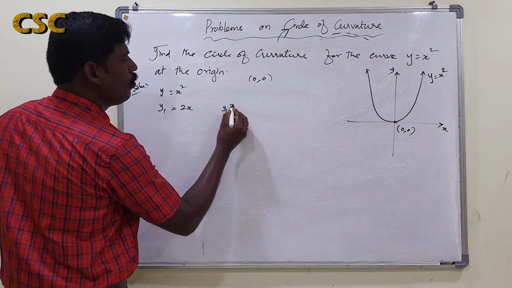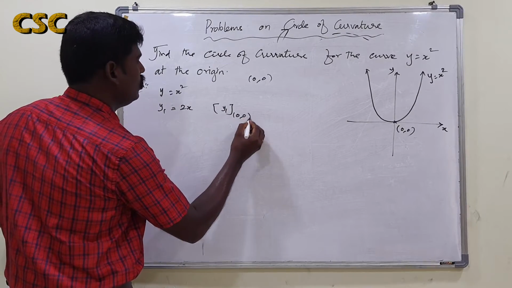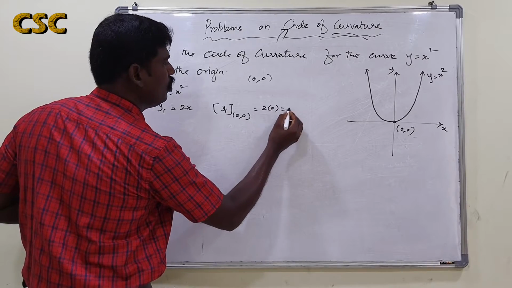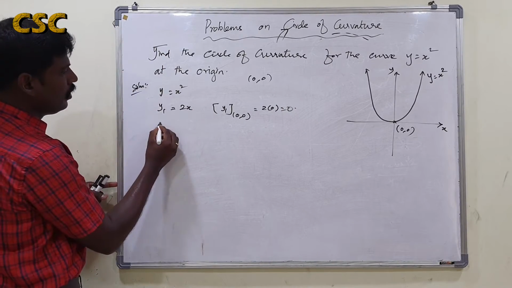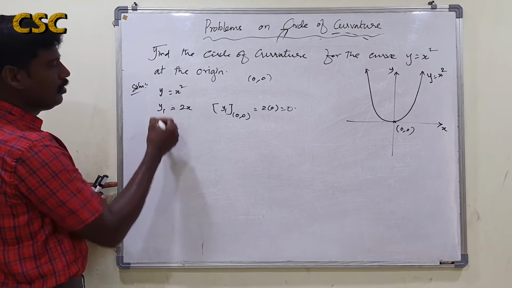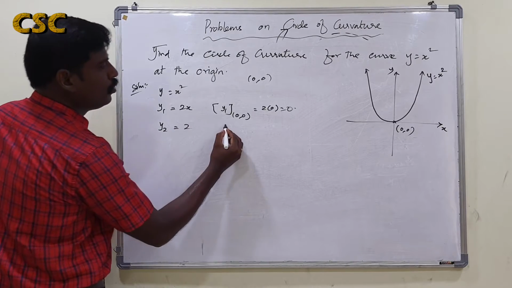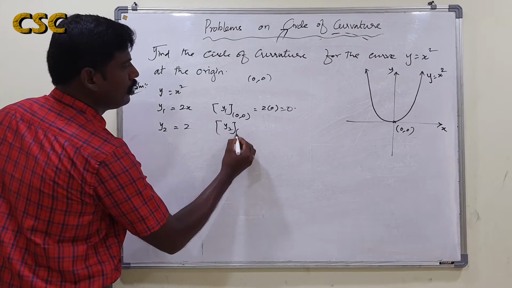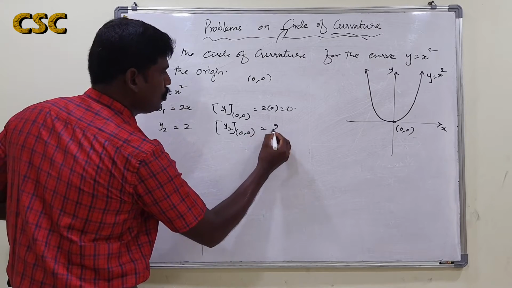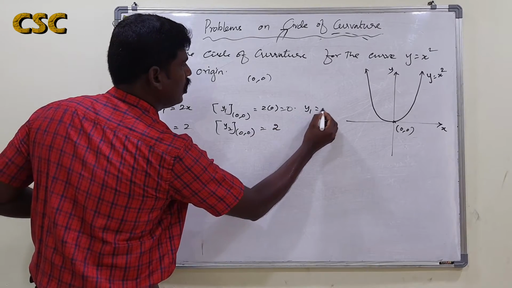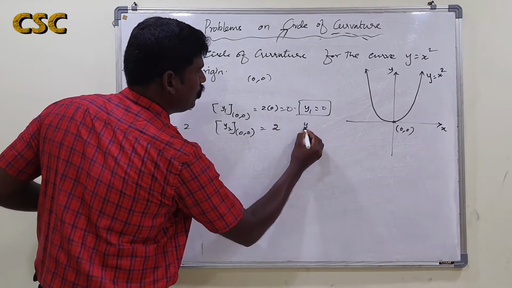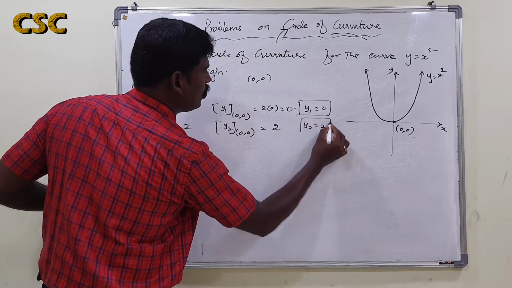So y1 at 0, 0 is equal to 2 into 0, that is 0. Then again differentiate y1 with respect to x, it becomes y2. y2 is 2. So y2 at the origin is 2. So y1 is 0 and y2 is 2.